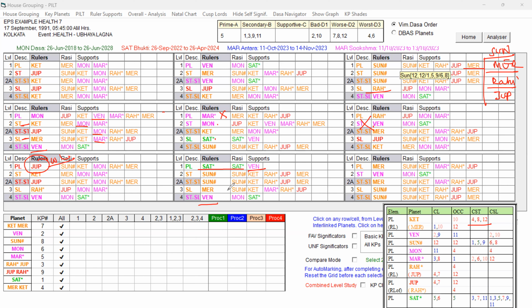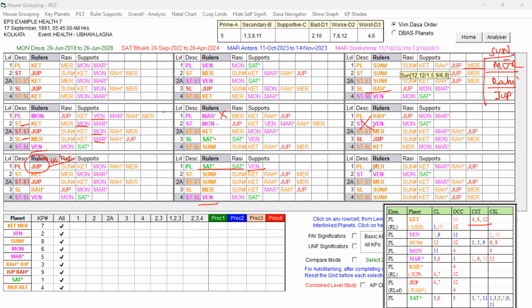But we have to look for the period which is unfavorable in the star level and sub level, having the unfavorable key planets, which are Mercury, Rahu, Jupiter in the star level and sub level. Because Mercury, Rahu, Jupiter only talk about the Maraga, Badaga houses and defect and attack and all, because 4, 8, 12 are strongly indicated.